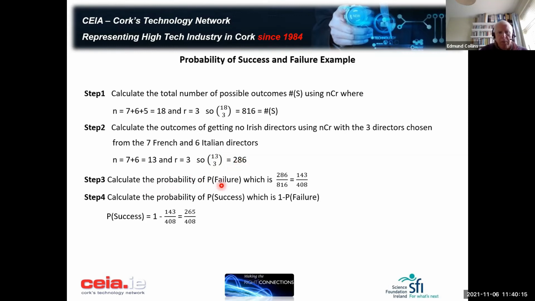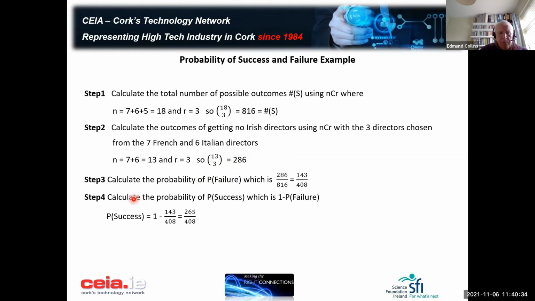So we calculate the probability of that event of having no Irish directors. So that again is the 286 over our total number of possible outcomes, the 816. Simplifies to 143 over 408.